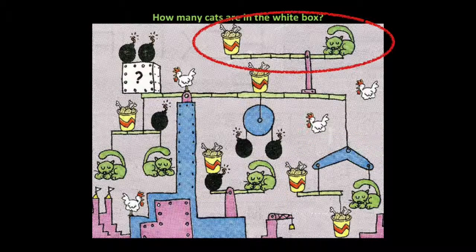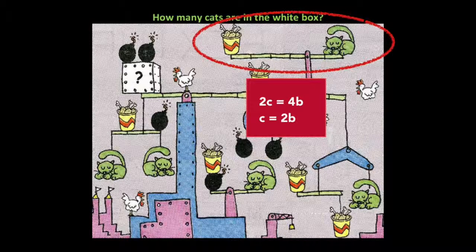In this part of the diagram, you see the cat and a bucket of chicken around this pivot here. But the cat is 2 units away, and it will provide a clockwise moment. The bucket of chicken is 4 units away and will provide an anti-clockwise moment. And because they're balanced, we can say that 2c equals 4b.